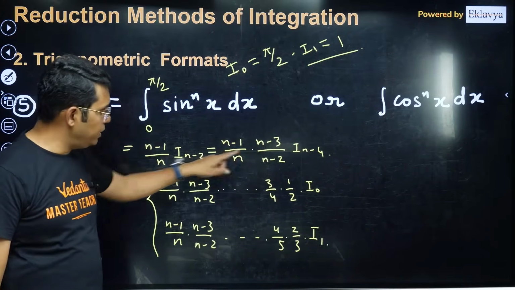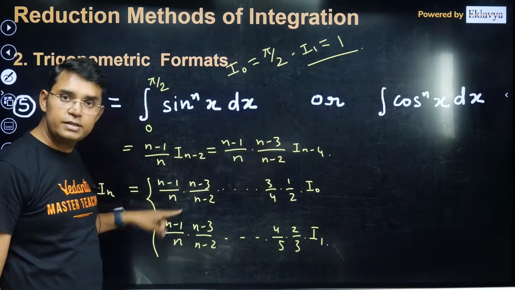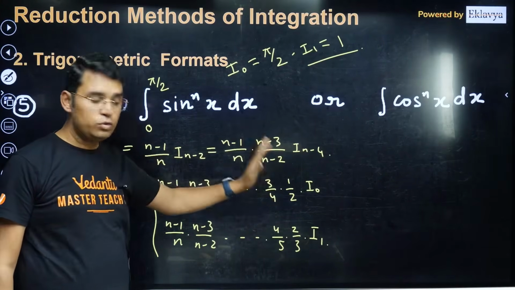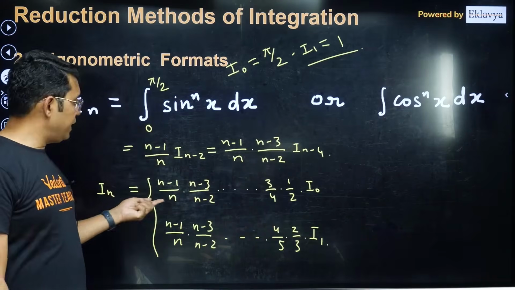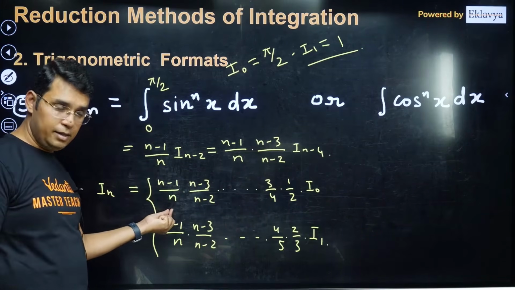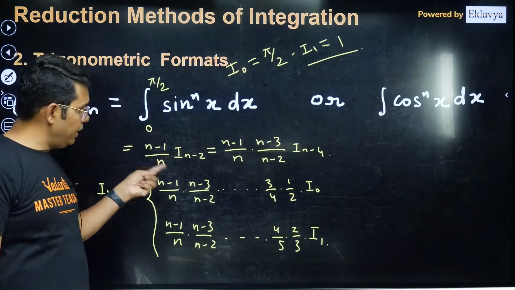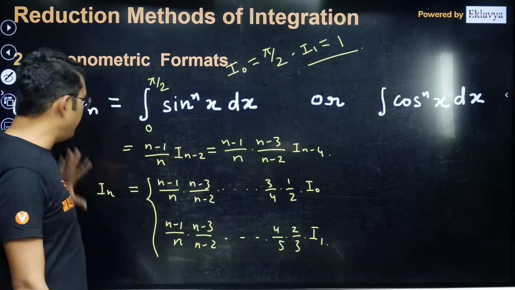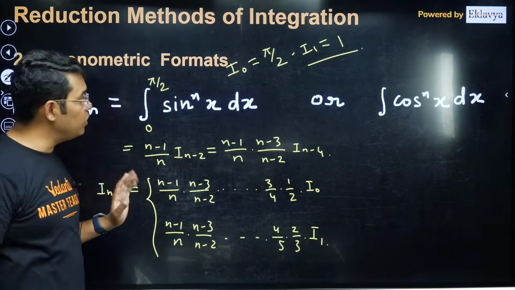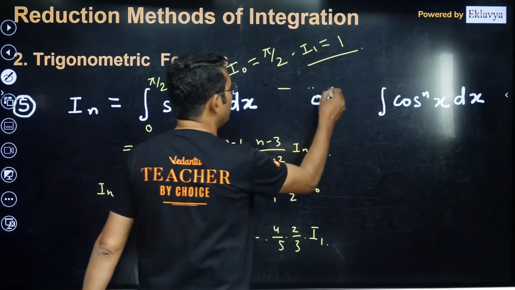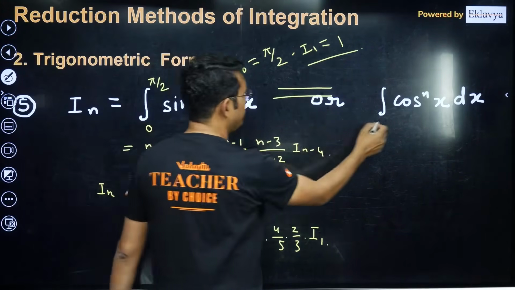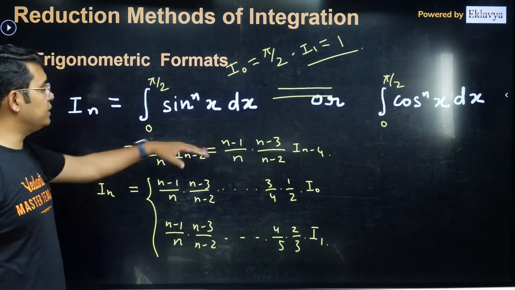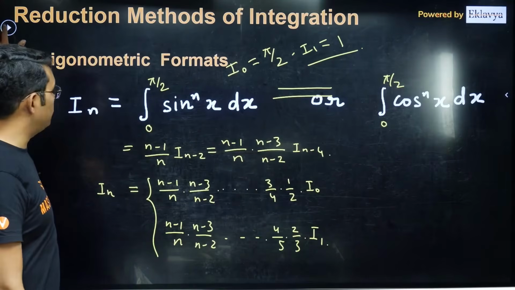Numerator, denominator, numerator, denominator, starting always with n in the beginning, then reducing by 1, then reducing by 1 once again, and so on. You will get this in, and it is very important for you to remember. In fact, these two are equal if it is 0 to pi by 2, because by King's rule, sine becomes cos if the limit is from 0 to pi by 2.